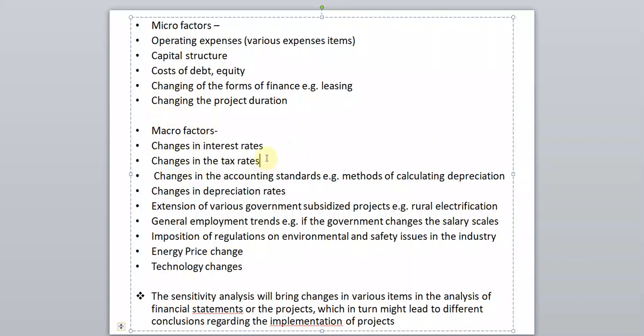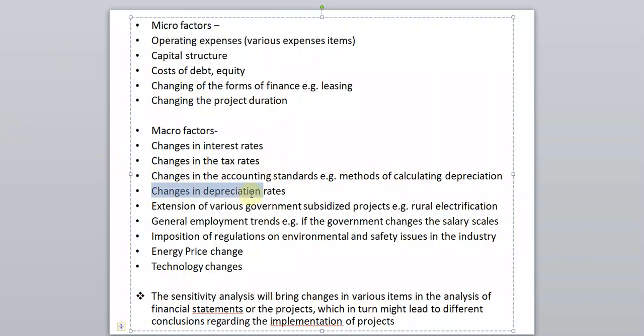Then it can affect the sensitivity and risk analysis. Then changes in the accounting standards, that is, methods of calculating depreciation. So this can also change the sensitivity and risk analysis.